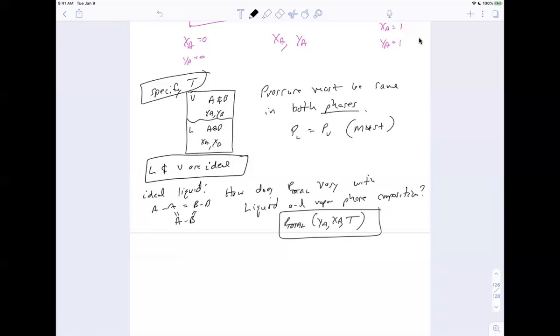Okay, so if I'm a molecule of A, the way I interact, whatever physical phenomenon is involved in this interaction, whether it be a Coulomb interaction, a dipole interaction, instantaneous dipoles, or a magnetic interaction, the interaction I have with another A molecule is the same as I would have with a B molecule. So as an A molecule, I really can't distinguish between A's and B's. That's what it means to be an ideal liquid.